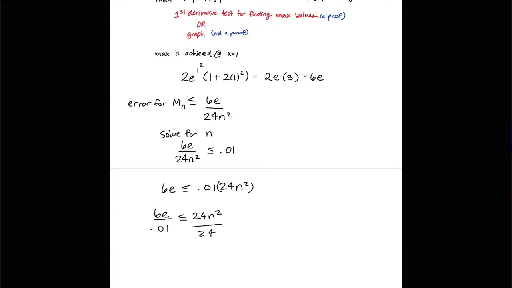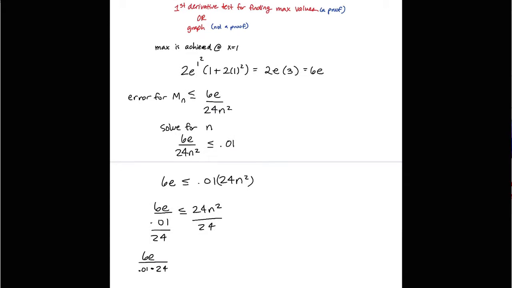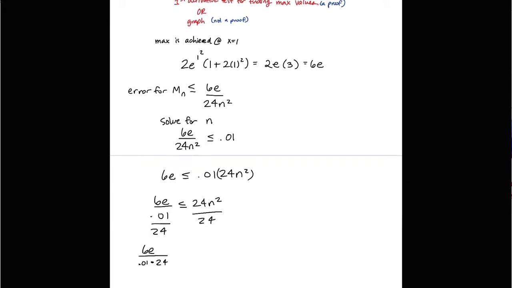I'm going to divide by 24, so 6e over 0.01 times 24.